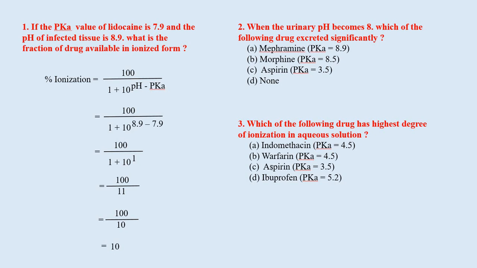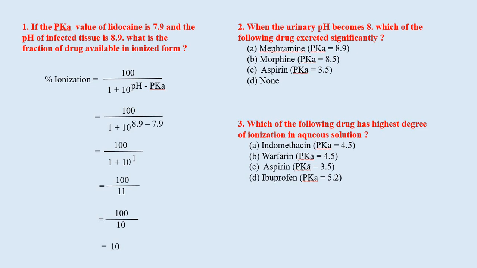But if we consider aspirin, this is 3.5, so it is somewhat far from the water pH. What is the pH of water? It is 7. So in that case, aspirin is the drug which gets ionized, or which has the highest degree of ionization in aqueous solution.